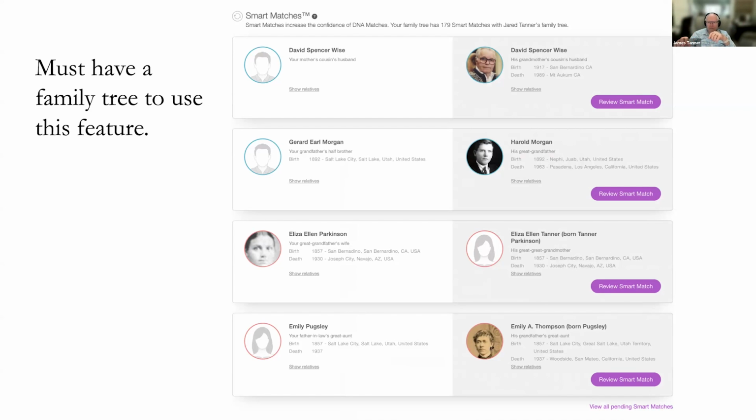As we look at that on MyHeritage, for example, these are called Smart Matches. So through the program, you can contact people directly through MyHeritage, and if they respond, then you can communicate back and forth about how you're related.